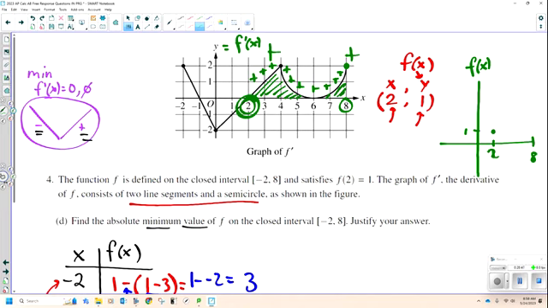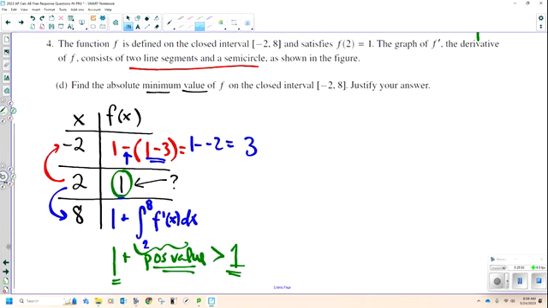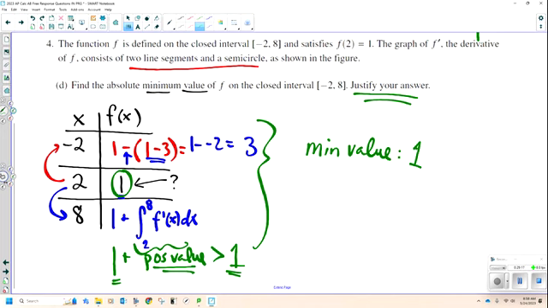So I don't know what it's going to do, but it's got to go up at some point to get to 8. We have a positive derivative going to a right endpoint. That means it's higher up. You can explain it that way if you need to. But this is good enough. This right here is justification. And the minimum value is 1. It's not 2. 2 is where it occurs. And this is the absolute minimum value.